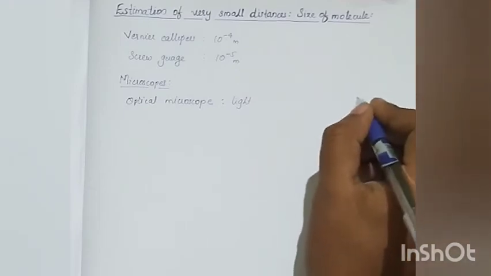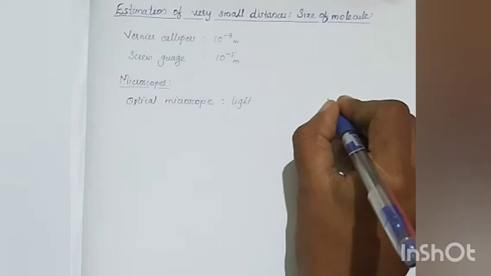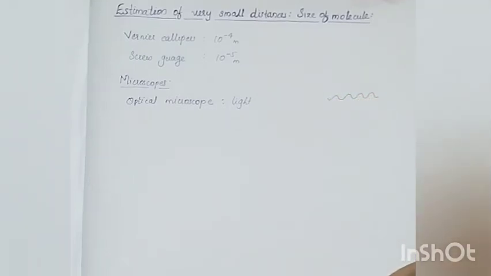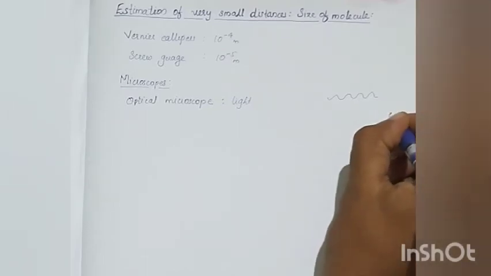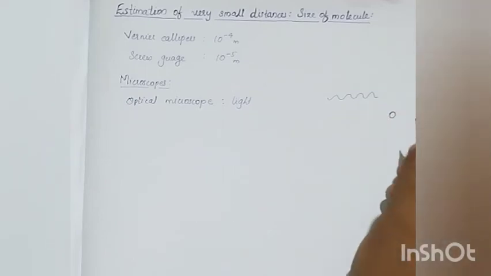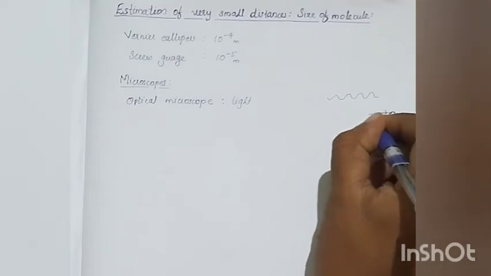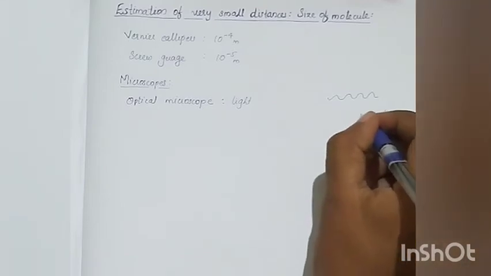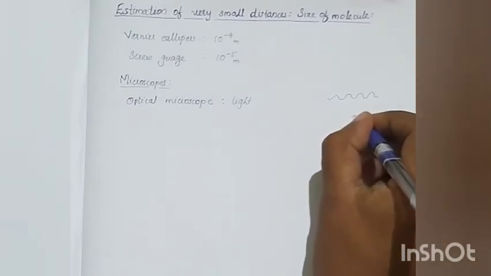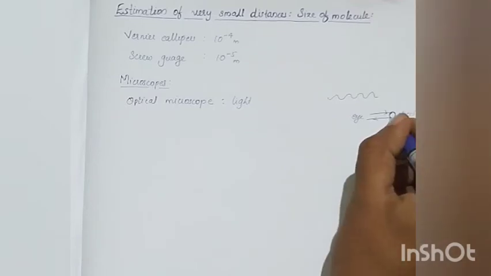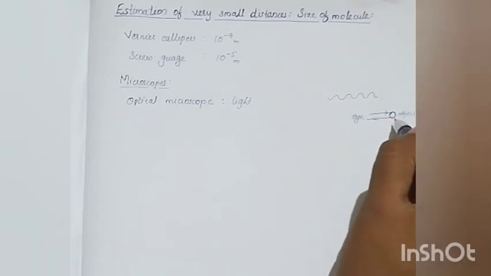An object is viewed by us when light falls on it and gets reflected back by that object.